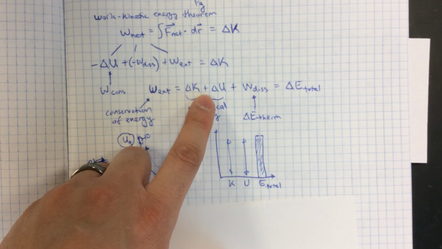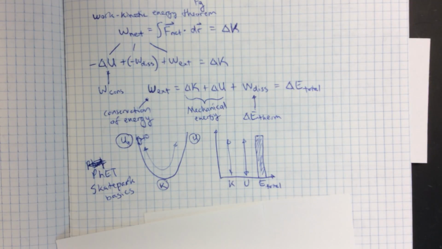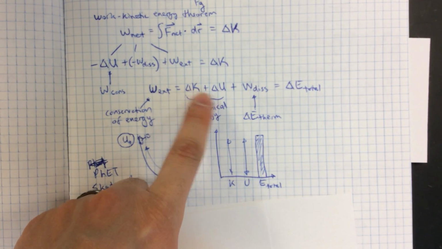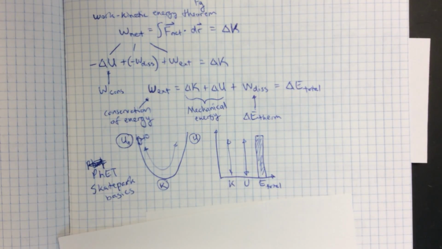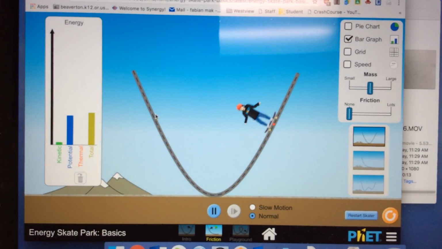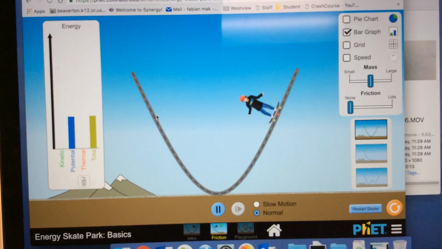You can create a model where it is not part of the system, but then you're going to have energy going in and out of the system in a very regular way, and it's kind of weird to do it that way. So it's much easier to count it as part of the system, so that in this case, there are no other forces doing work on the person.